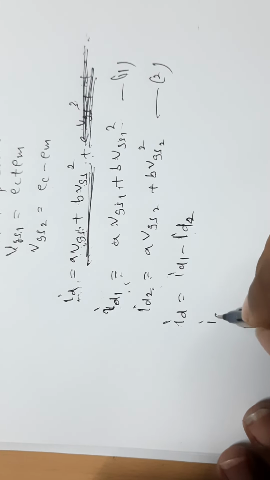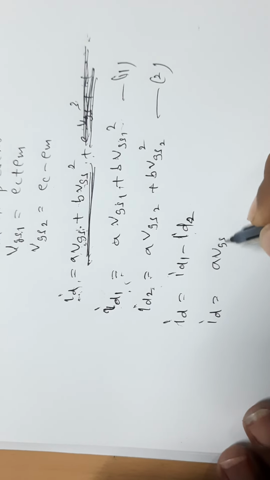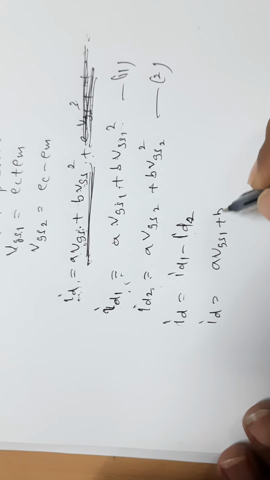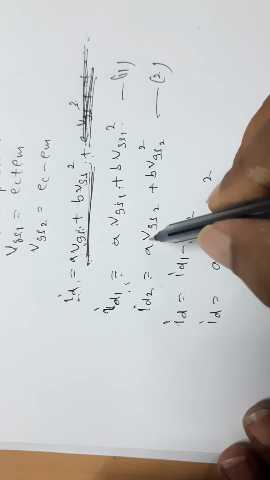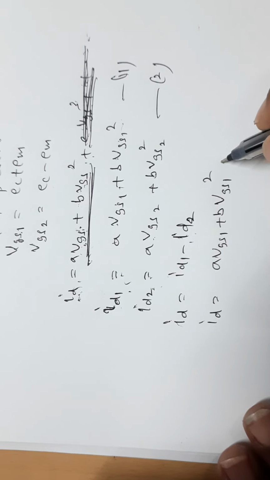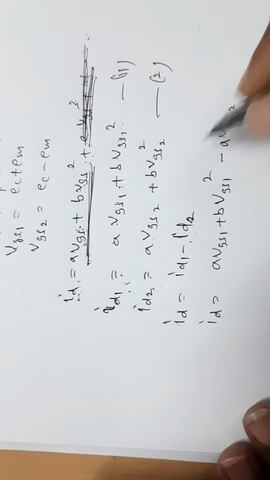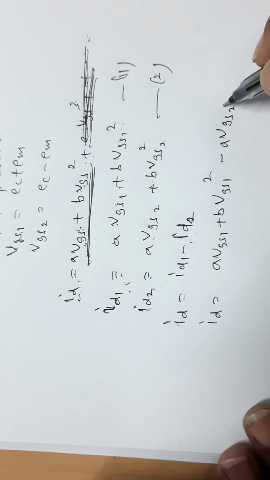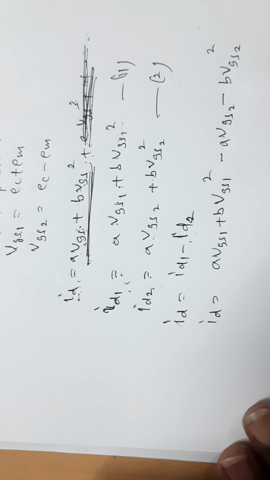You get ID is equal to A VGS1 plus B VGS1 squared minus A VGS2 minus B VGS2 squared.